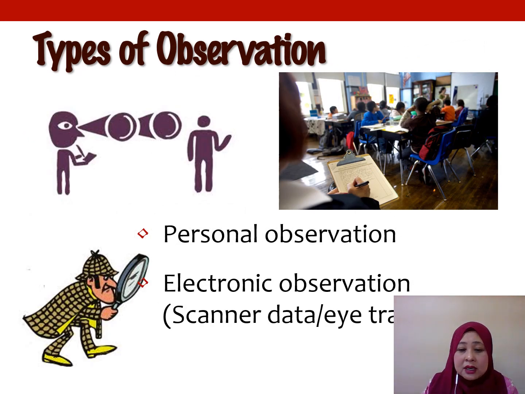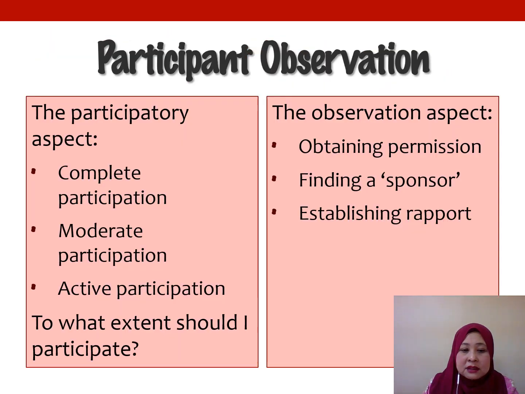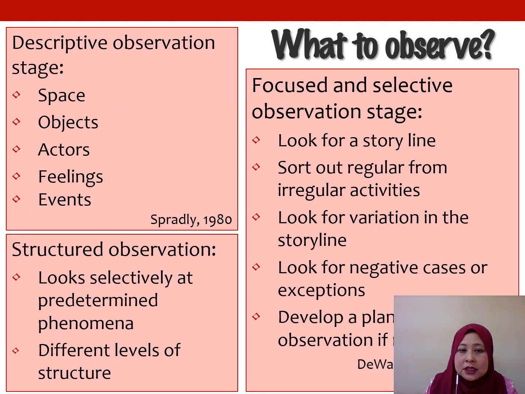You can do it through personal observation, or through electronic observation, right? So these are the participation observation. It could be complete participation, moderate, or active participation. So what to observe? Depending on your study.